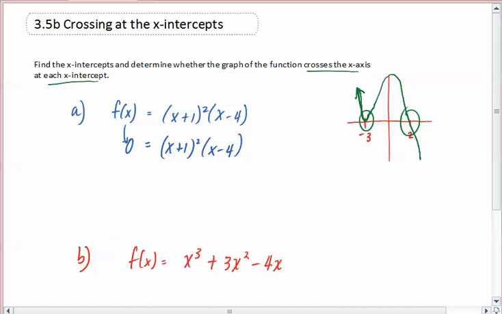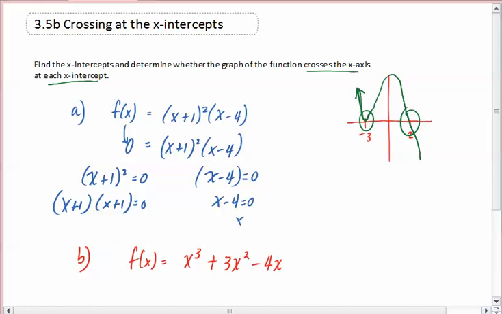That's how I get an x-intercept, where the height of the point is 0 there. So now I have these factors, and I'm going to go ahead and set each of them equal to 0. Now this means x plus 1 times x plus 1 equals 0, and this is obviously just this. And this one over here is a 4. When I set each of them equal to 0, I get x is -1 and x is -1.